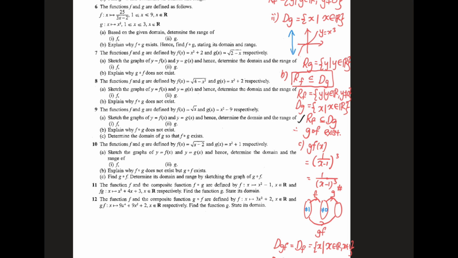So I put on the graph in blue color a circle here. They cannot take 0. As you can see in the graph, when the object is 0, the image is 0. When x is 0, y is also 0 for function g. Because of that, when it maps until here, this cannot take 0 as well. So we must be careful.